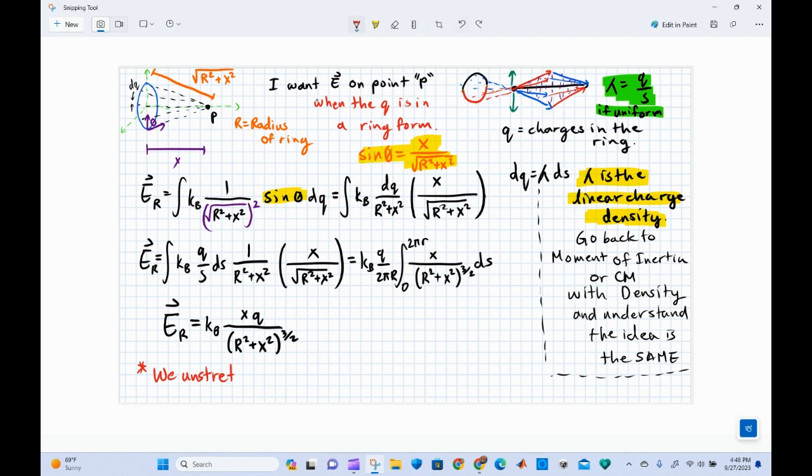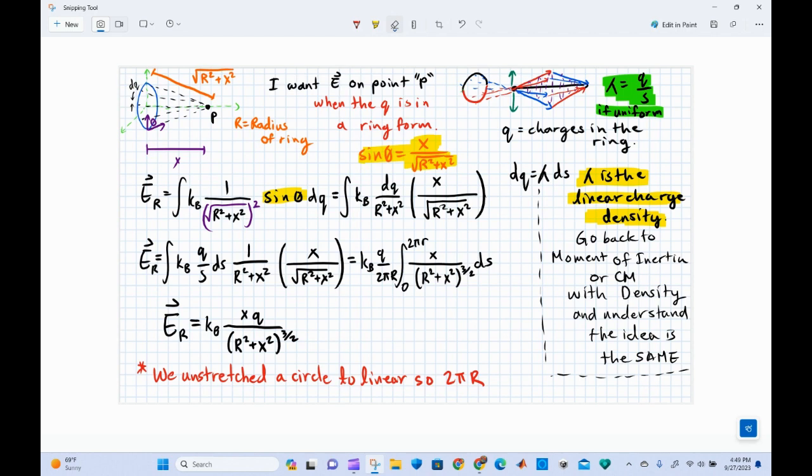Stretched a circle to linear. So 2 pi r is the tiny idea of it.